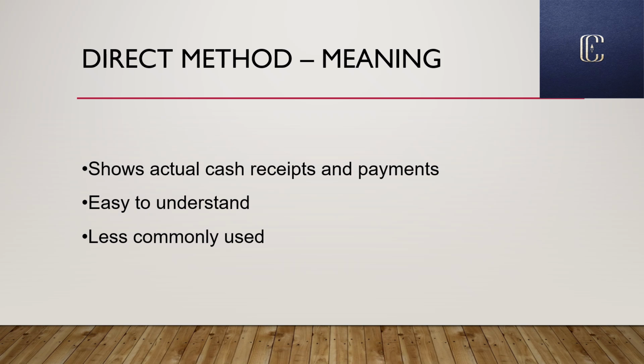Cash outflow includes cash paid to suppliers, cash paid for salary, cash paid for rent, and cash paid for electricity. For example, if business receives rupees 1 lakh from customers and pays rupees 60,000 for expenses, the statement directly shows these two figures. There are no adjustments, no confusion.